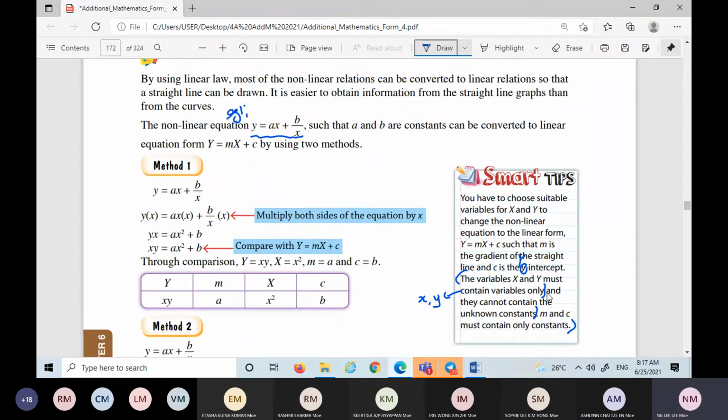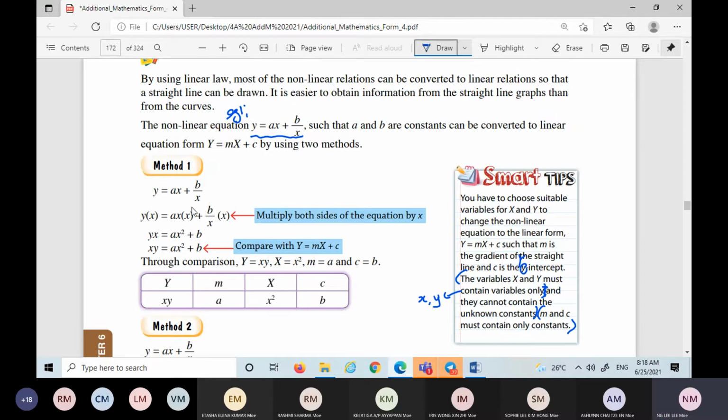Okay, so this is one. The second one: m and c must contain only constants. The gradient and the capital letter Y-intercept must contain only constants, meaning they cannot have variables x and y. These two you must follow.